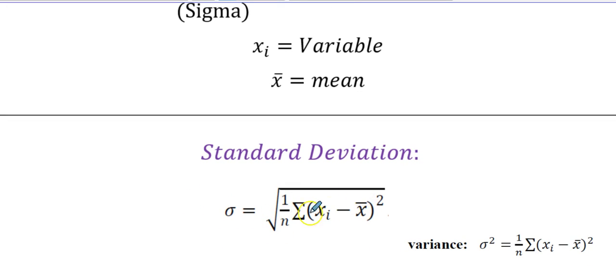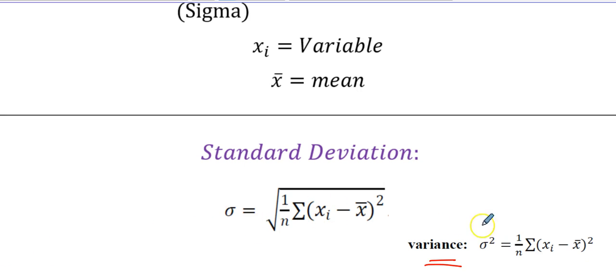Square root of 1 over n and the sum of all these xi minus x bar. In this case we are squaring it, so we call it the sum of the squares of the differences. So add them up, divide by n and find the square root. If you don't find the square root, then it is variance. So variance is the square of the standard deviation. But in our problem here, we are looking for the standard deviation.